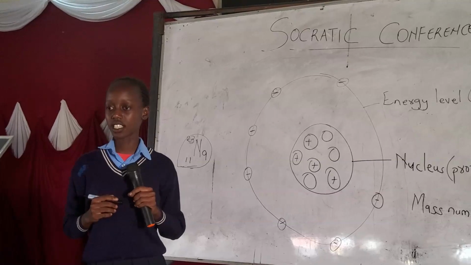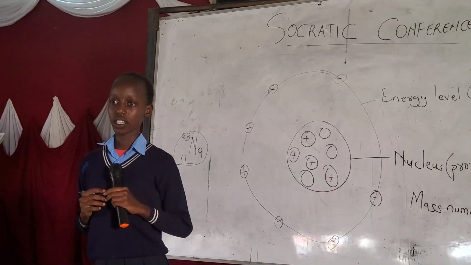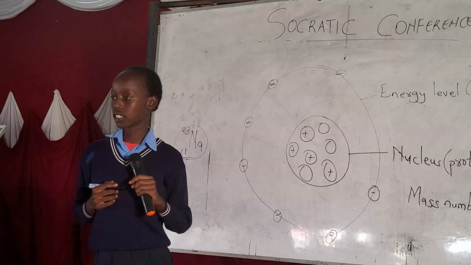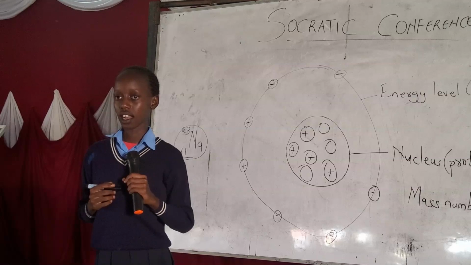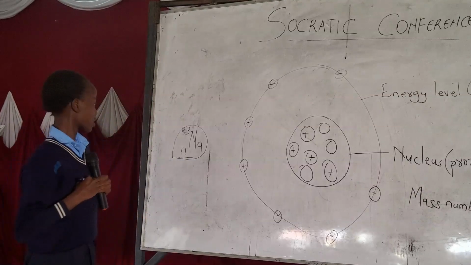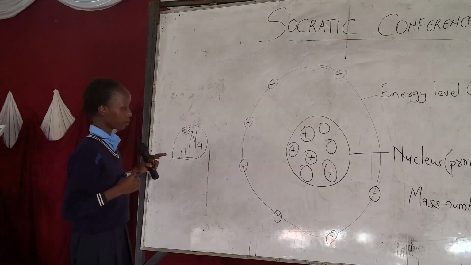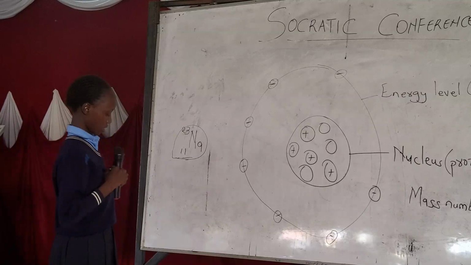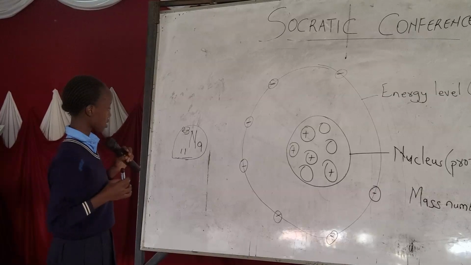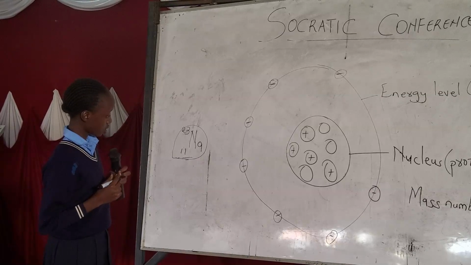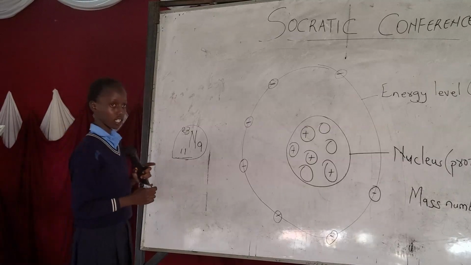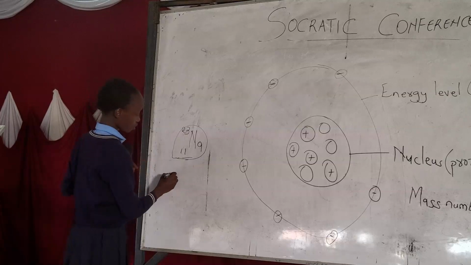For example, the first energy level accommodates 2 electrons, and the second and the third accommodate 8 electrons. For example, we use the same sodium. Sodium has 11 protons, so the first energy level accommodates 2.